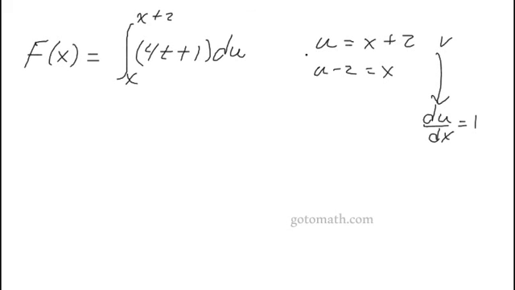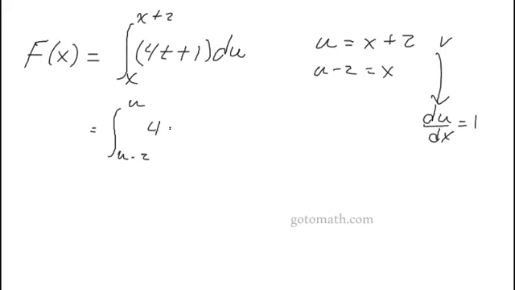So now's the time to actually do that substitution. We'll just go ahead and do that. So this becomes u minus 2, and this is u.